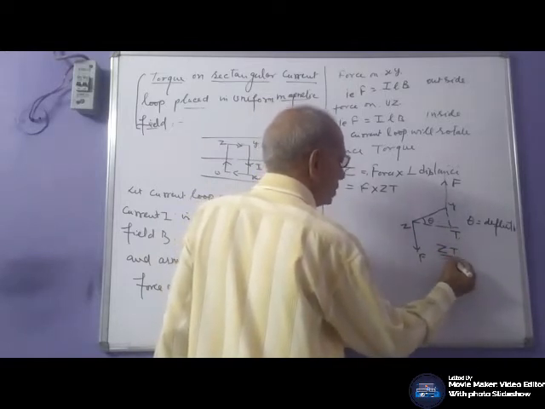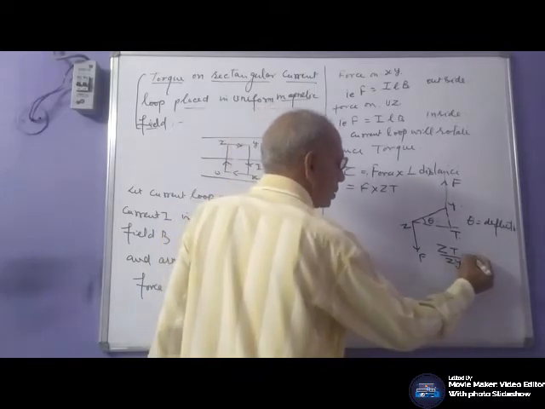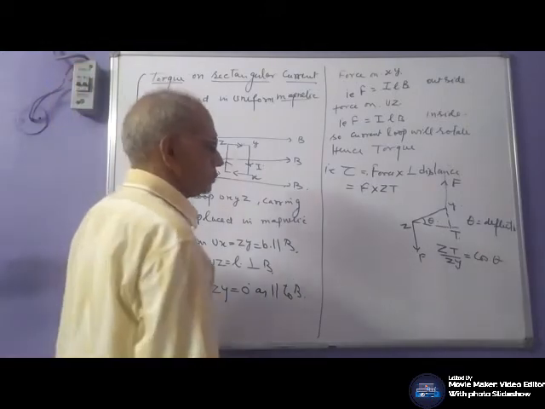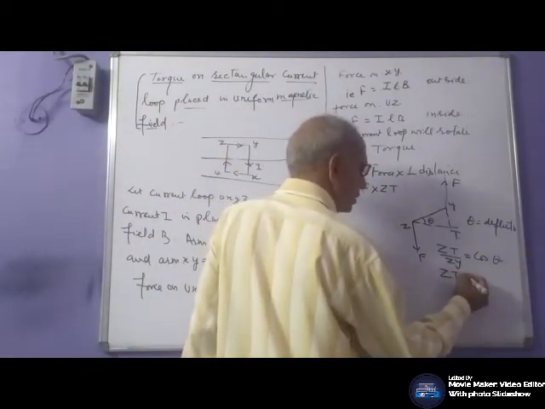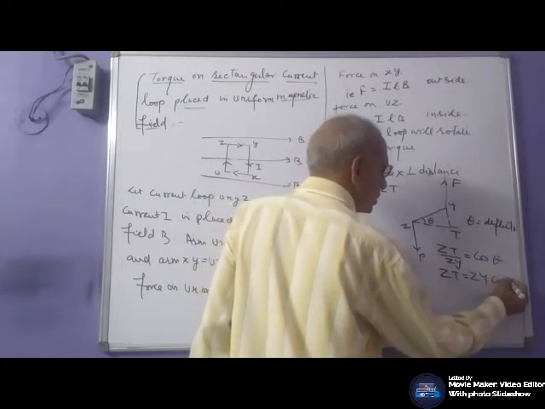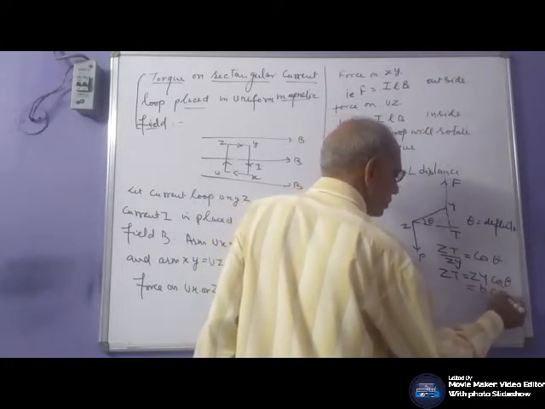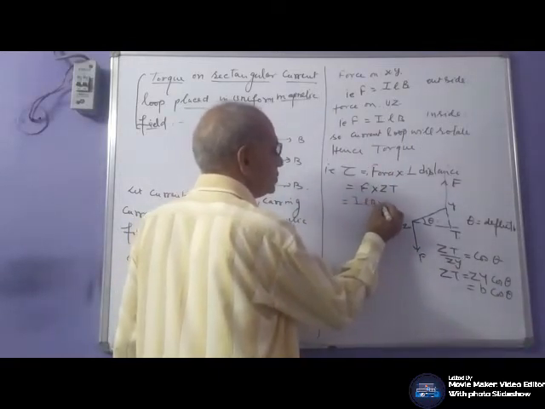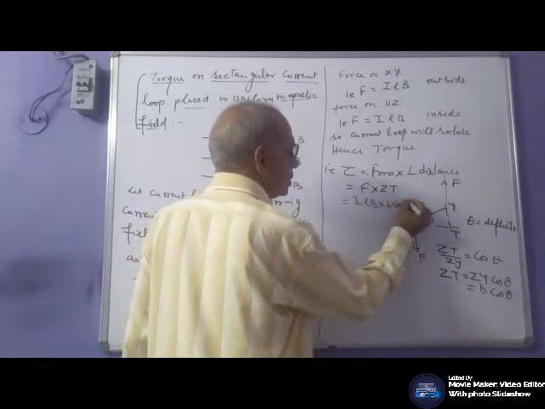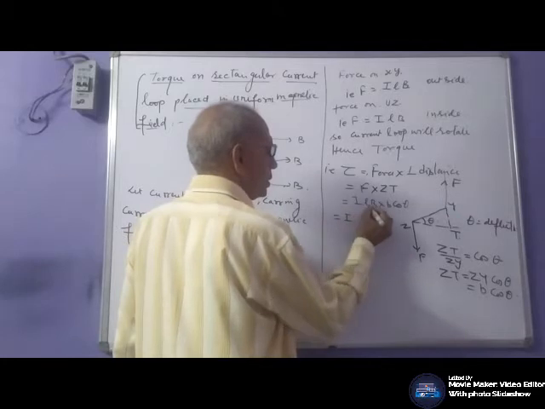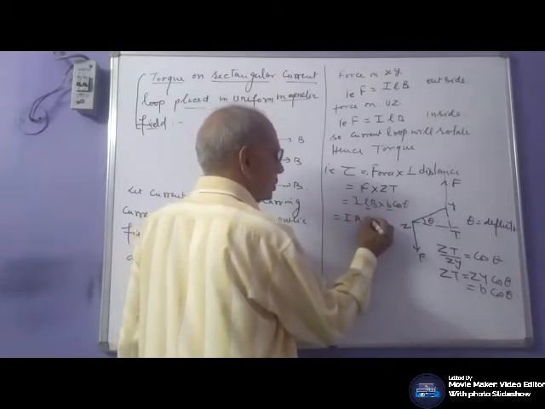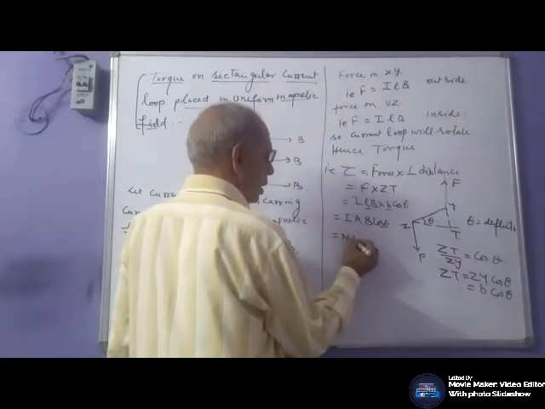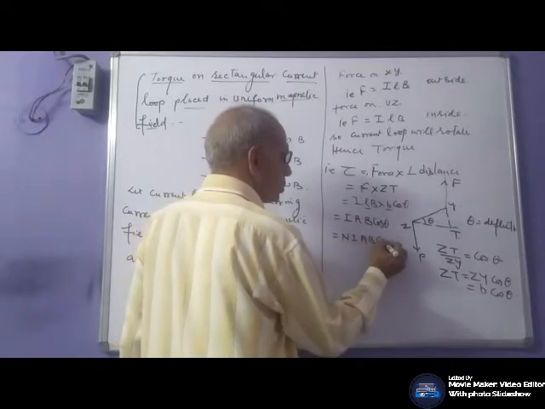ZT by ZY is cos theta, so ZT is ZY cos theta. ZY is b. F is ILB, so torque is I L B into b cos theta, which gives N I A B cos theta.